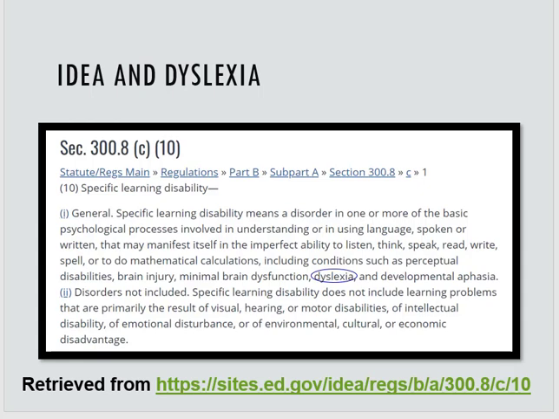Under federal legislation, the Individuals with Disabilities Education Improvement Act of 2004, the term dyslexia appears in Section 300.8(c)(10), where specific learning disability is defined as a disorder in one or more of the basic psychological processes involved in understanding or using language, spoken or written, that may manifest itself in the imperfect ability to listen, think, speak, read, write, spell, or do mathematical calculations, including conditions such as perceptual disabilities, brain injury, minimal brain dysfunction, dyslexia, and developmental aphasia.